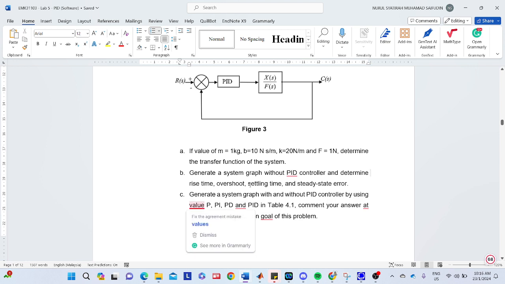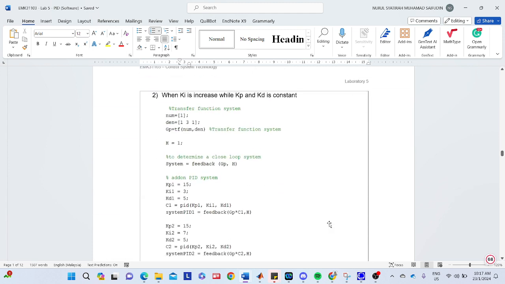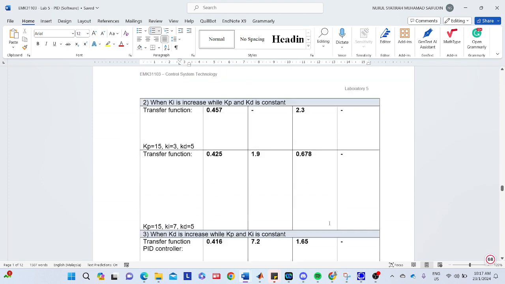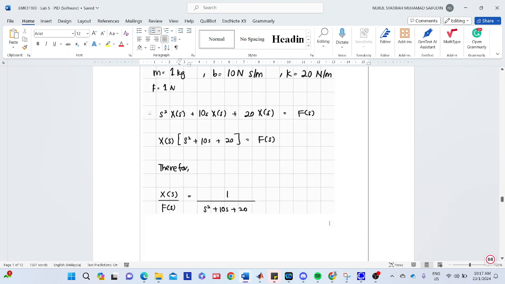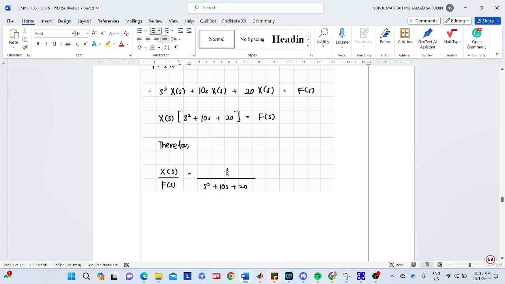Next, generate a graph with the PID controller by using the P, PI, PD, and PID values in table 4.1. For the transfer function that we needed to calculate, I already calculated it and I get 1 over s squared plus 10s plus 20.